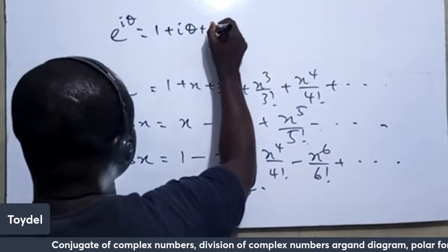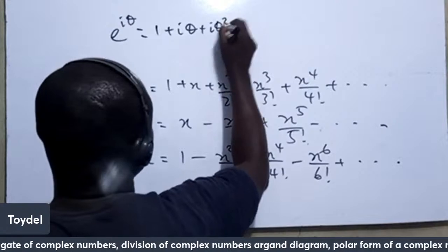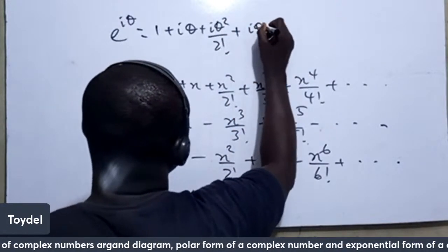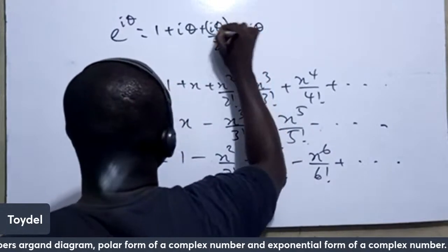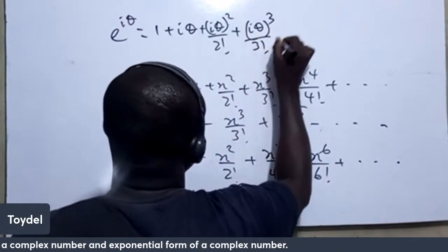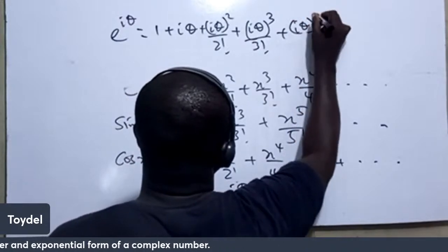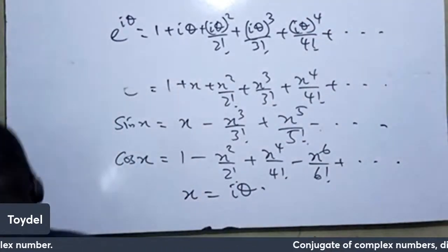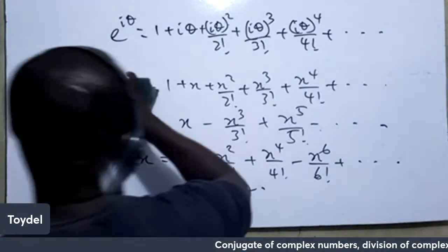Then this will be plus i theta squared all over 2 factorial, plus i theta cubed all over 3 factorial plus i theta to the power 4 all over 4 factorial plus, in that order.